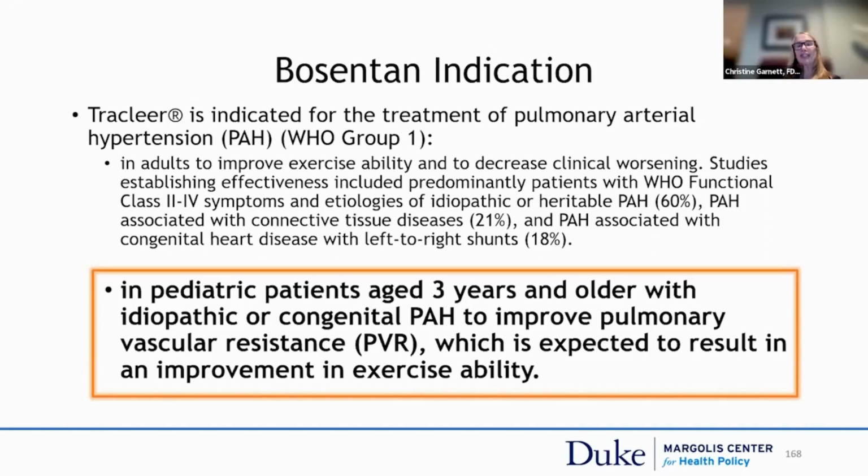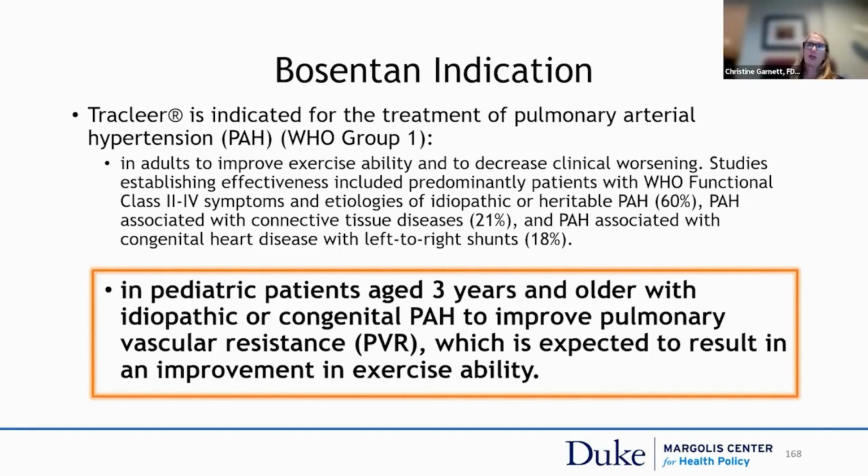So unfortunately, moving forward and trying to think about using this extrapolation approach to approve other treatments for PAH in children, we did come to an obstacle in that PVR is collected by right heart catheterization. And this procedure, just the procedure of the right heart catheterization, has been shown to cause serious adverse events as well as death in children.